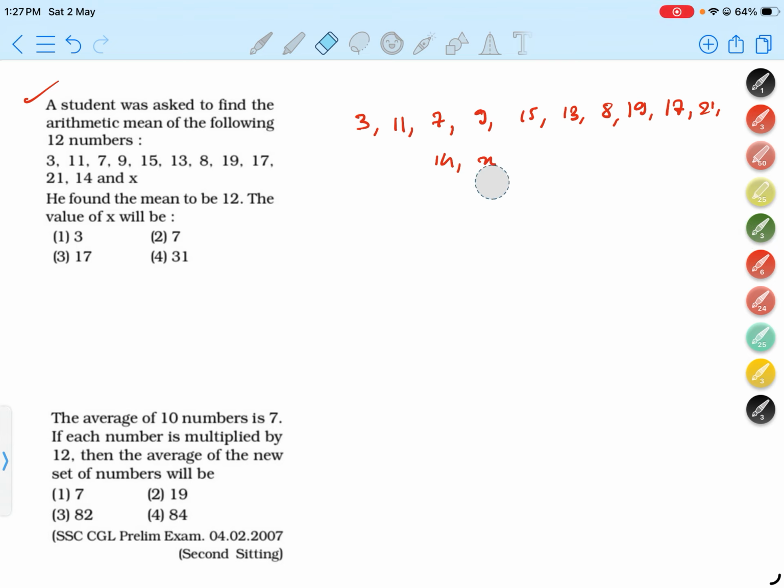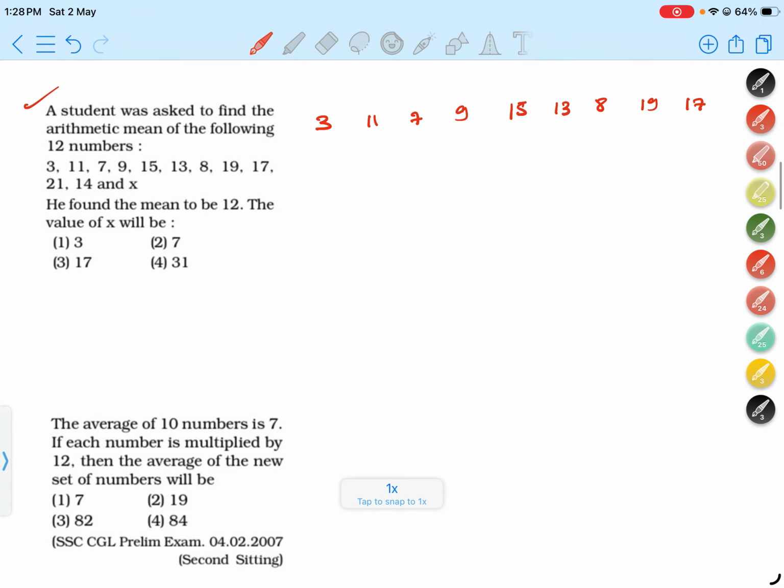So for that let us just write all of these numbers in sequence. So we have 3, 11, 7, 9, 15, 13, 8, 19, 17, 21, 14 and x.